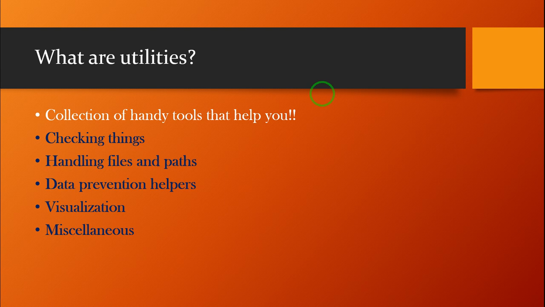These utilities cover a wide range of functions. For example, checking things like making sure the required libraries are installed or not, and verifying the file paths or formats, for example the file path of an image or the training directories or others. Another is handling files and paths, which includes downloading files and joining paths correctly.